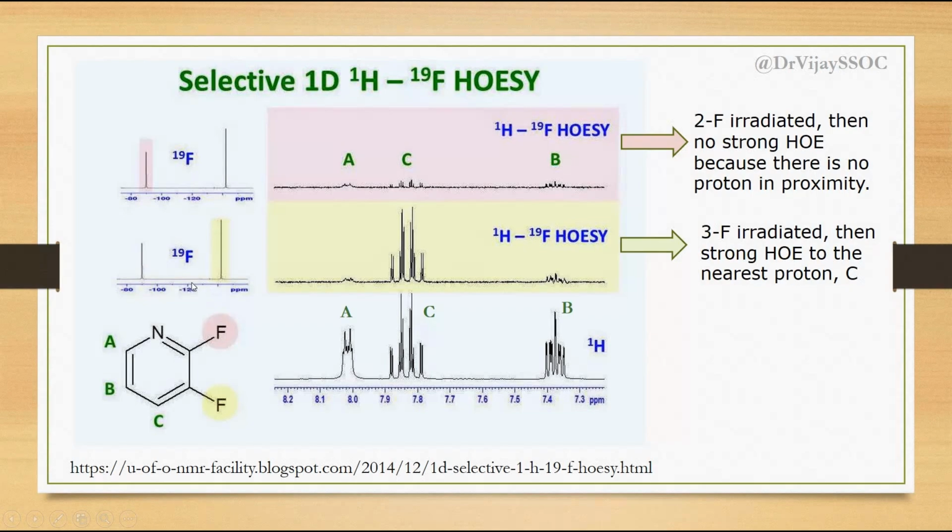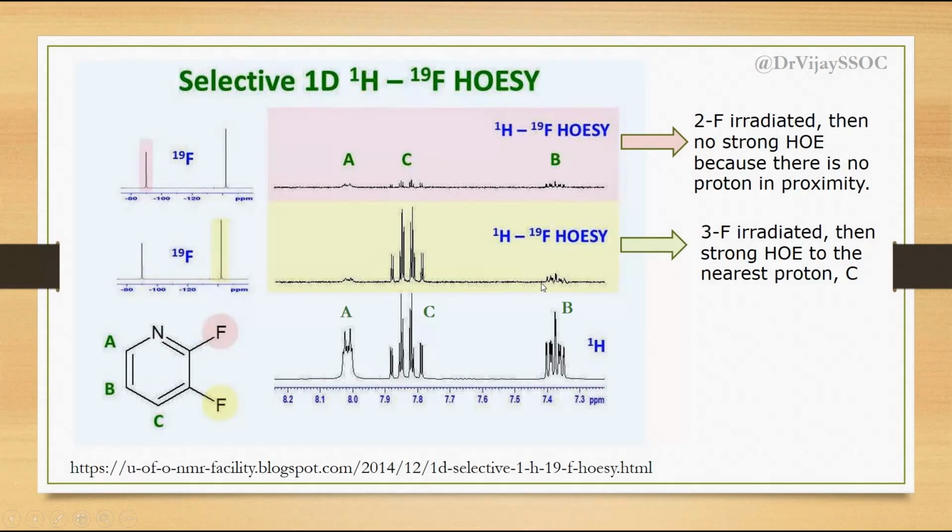And this is the fluorine NMR. There are two fluorines, but we don't know which fluorine is this and which fluorine is this. So when we irradiate this fluorine, which is around minus 130 ppm, we see the increase in the intensity of the C proton.